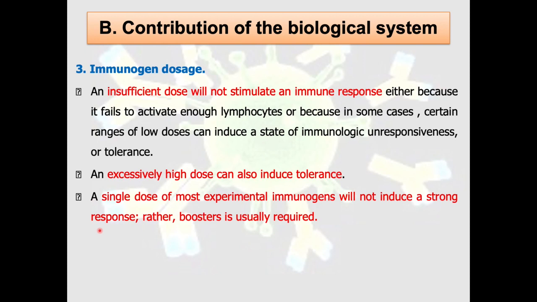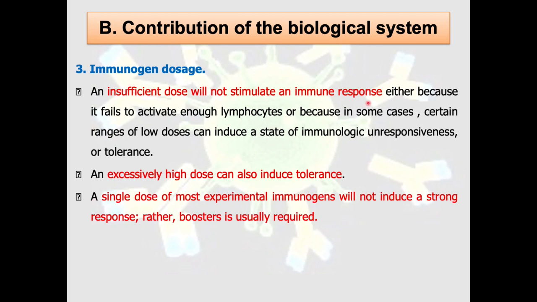The last one is immunogen dosage. In other words, like vaccine dosage. Basically, one type of vaccine uses immunogens to induce your antibody immune response. An insufficient dose will not stimulate an immune response.